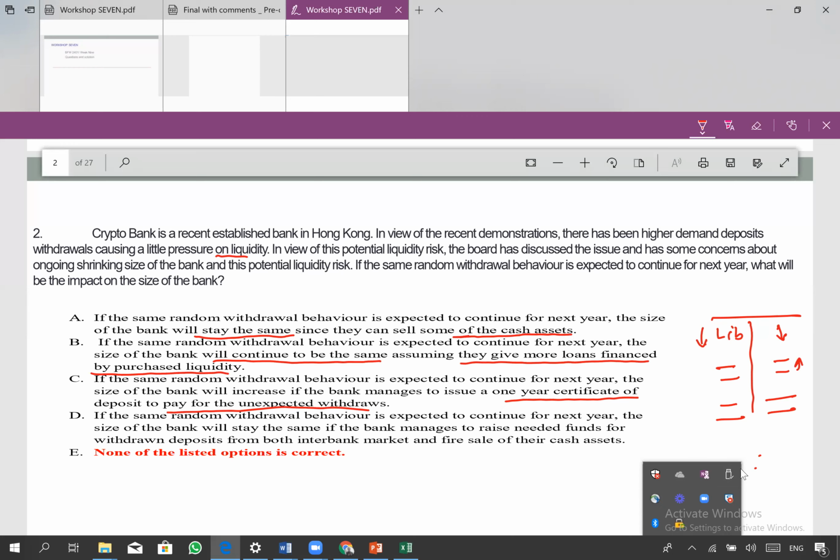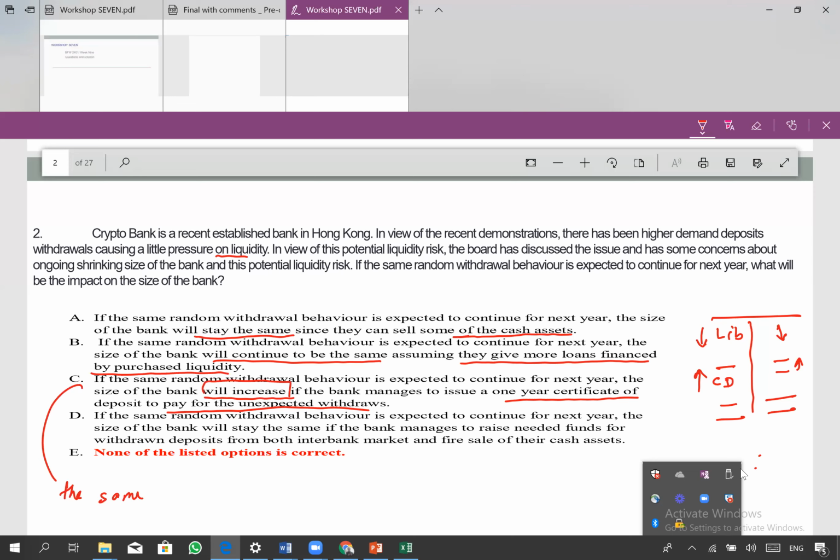No, if we finance this liability by another liability, which is a CD, then in this case, the size will not increase. The size will stay the same. This is the problem. Size will stay the same.